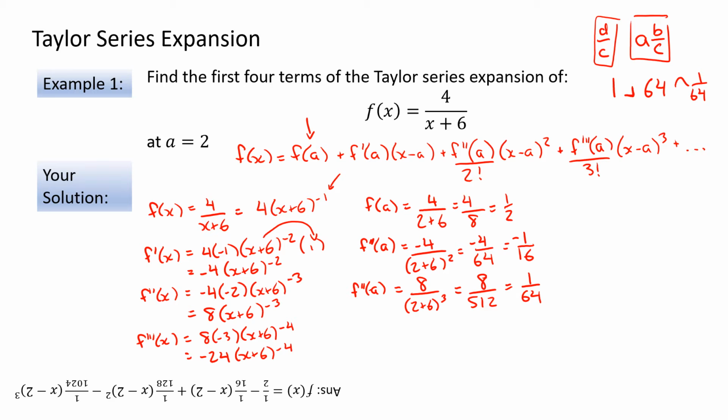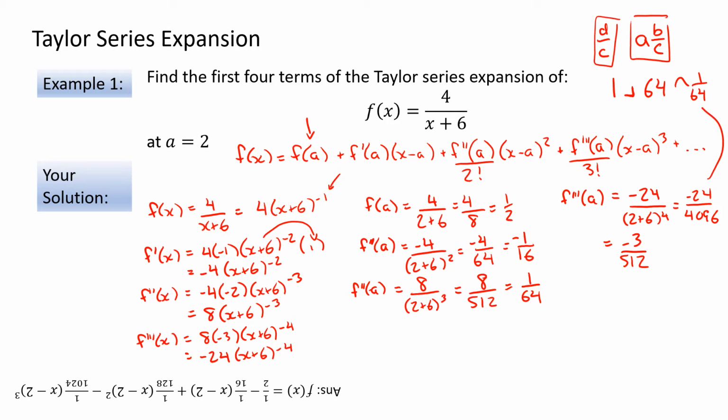Our last one, our third derivative, f triple prime at a, is equal to negative 24 divided by 2 plus 6 to the exponent 4. If you calculate that last one out, in your first step you would get negative 24 divided by 4096.